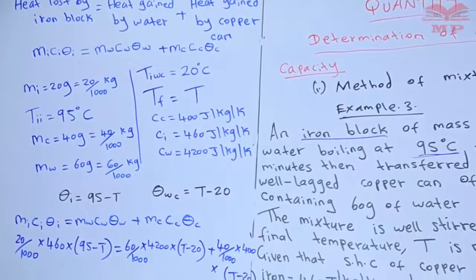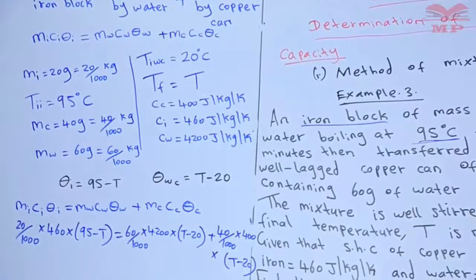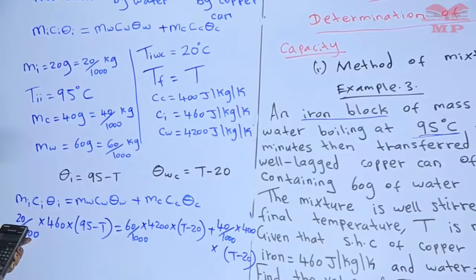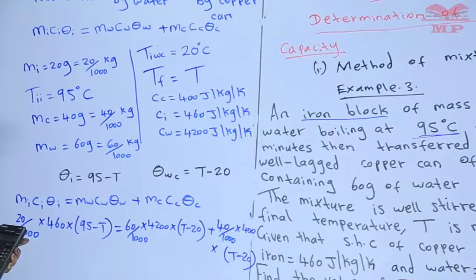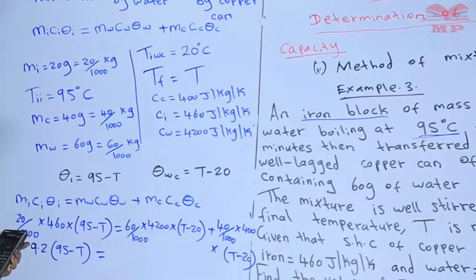So we can now solve this part. You just take your calculator and you find 20 all over 1,000 multiplied by 460. You can leave it at that. You get 9.2 into bracket 95 minus T. Close the bracket, equal to 60 divided by 1,000 multiplied by 4,200.